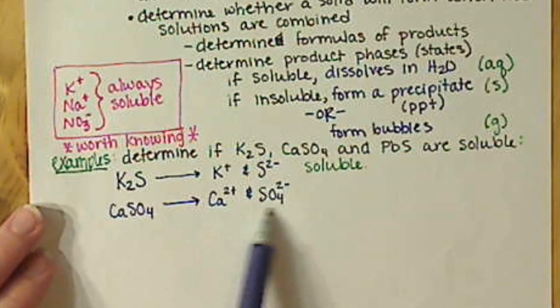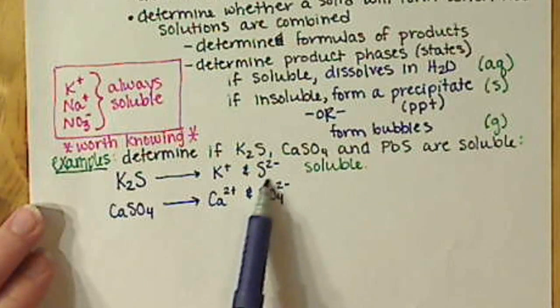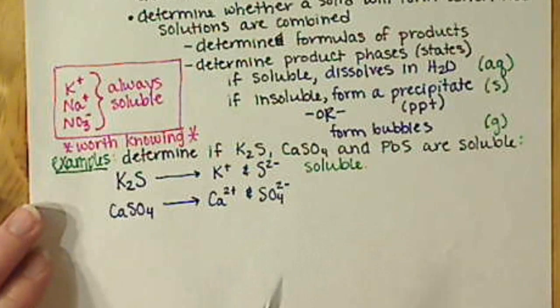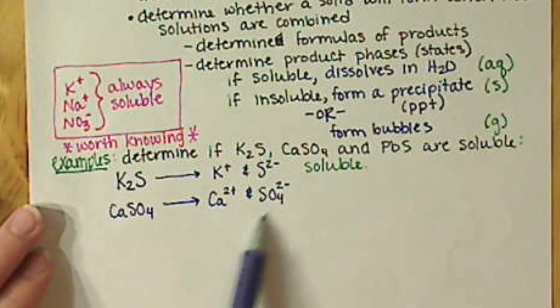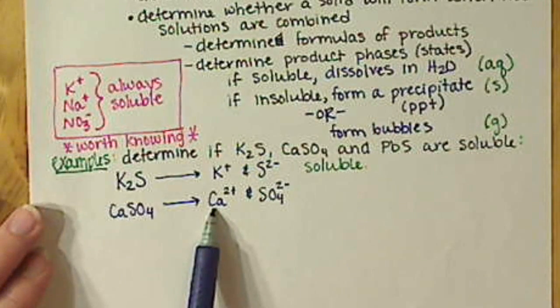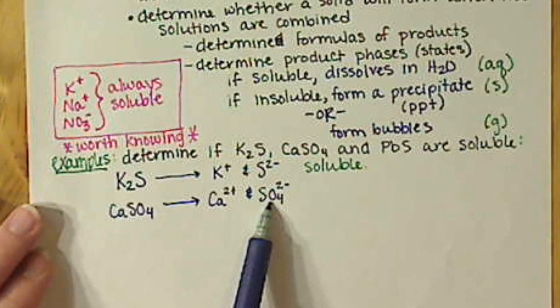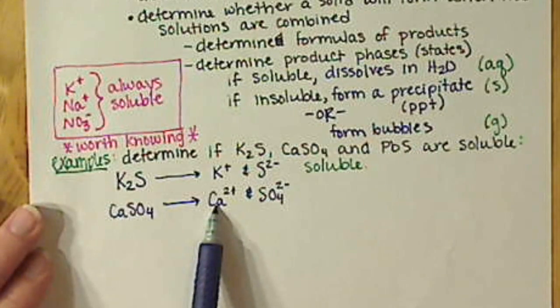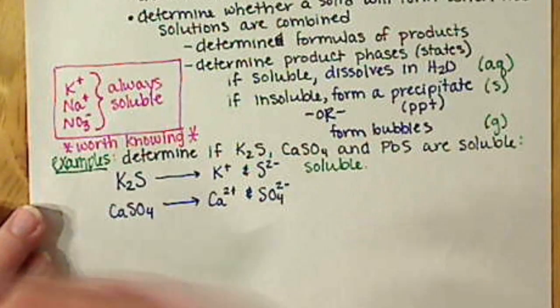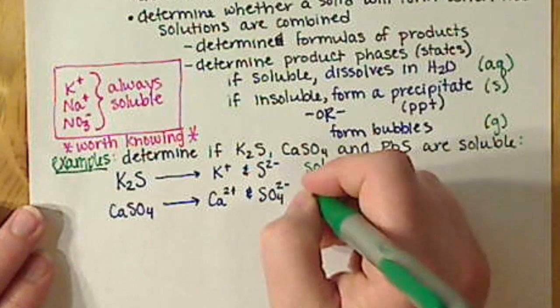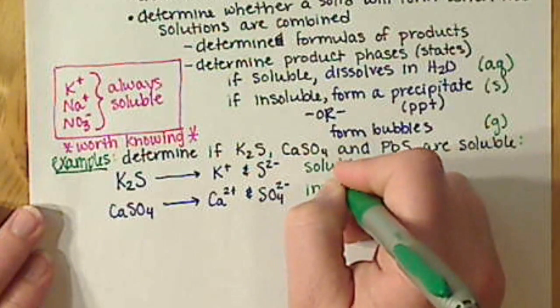And we'll see that all sulfates are soluble except for when they contain certain metals like calcium. So if this were combined with, say, potassium, it would be soluble, but since it has this calcium here, this means that our calcium sulfate is insoluble.